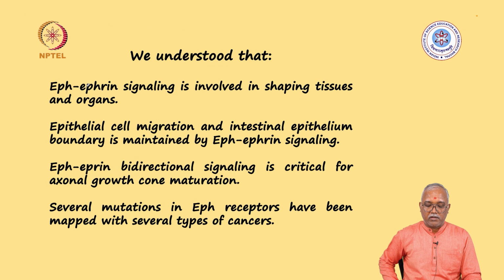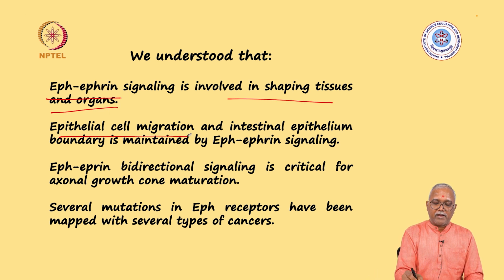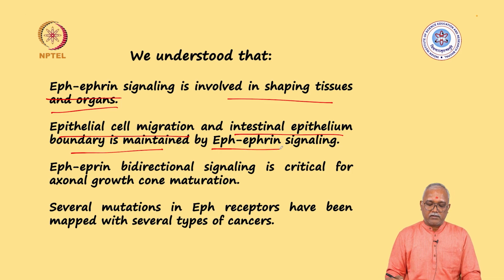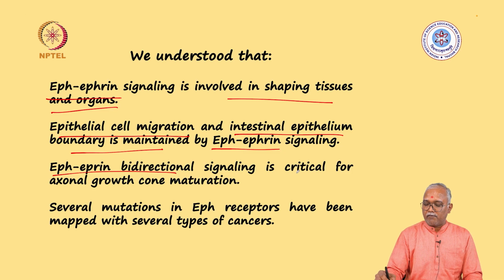So in this class, what we understood is that Eph-Ephrin signaling is involved in shaping tissues and organs, epithelial cell migration towards the wound so that the wound can heal, and intestinal epithelium boundary maintenance. It is because of the Eph-Ephrin signaling. Eph-Ephrin signaling is bidirectional, and it is critical for axonal growth and maturation.